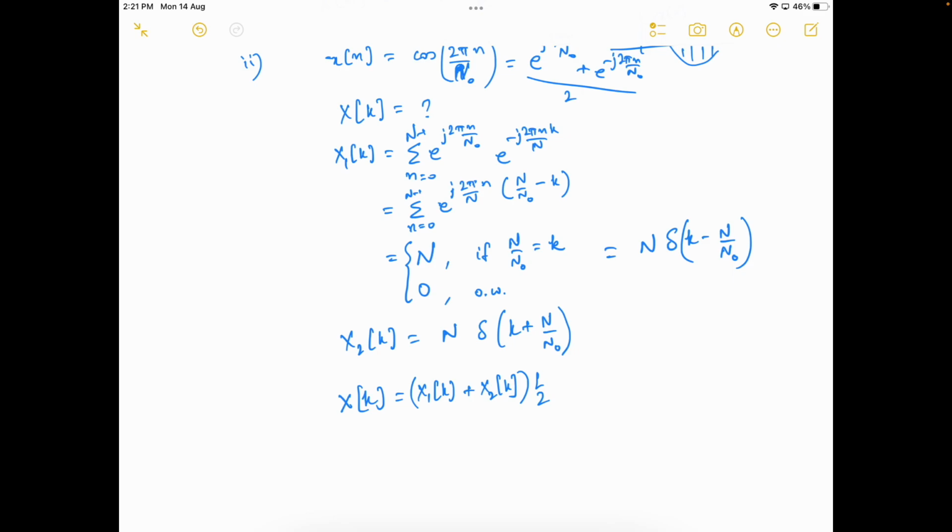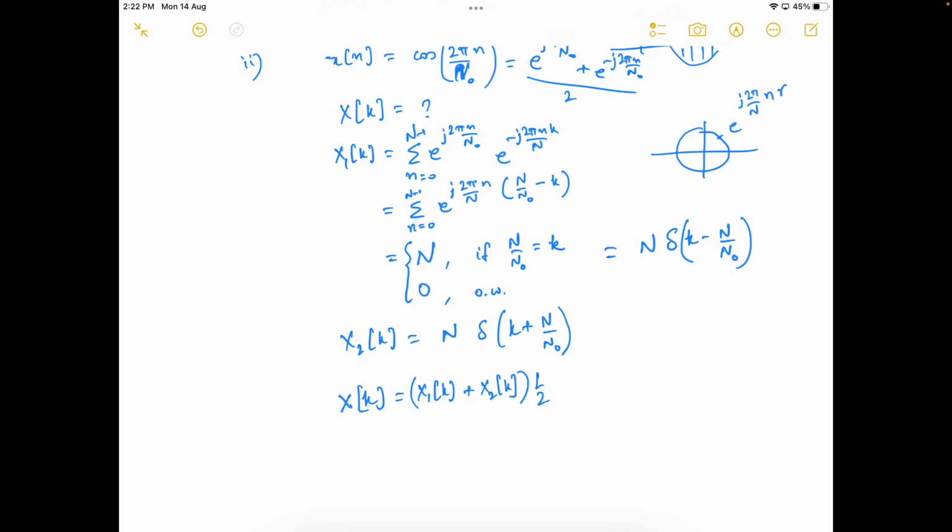Yes, you're right. It may not be exactly 0, but it will be a very small number. How I see it is in this way. You know the roots of unity. These are the roots of unity: e to the power j 2 pi by N times r, where this r is some non-zero number.